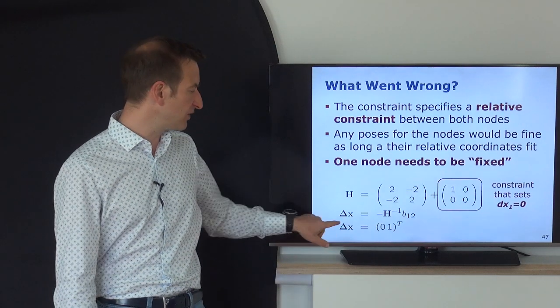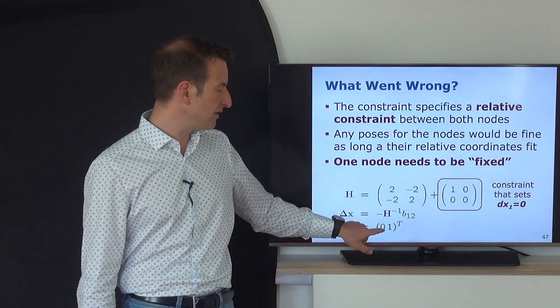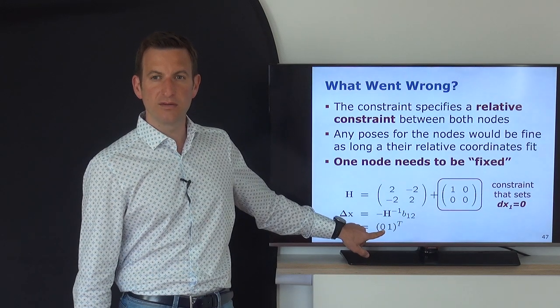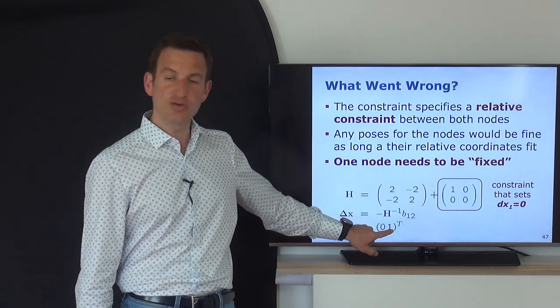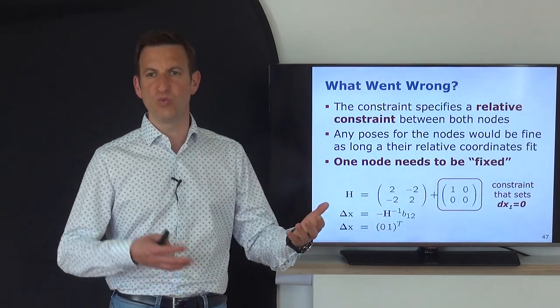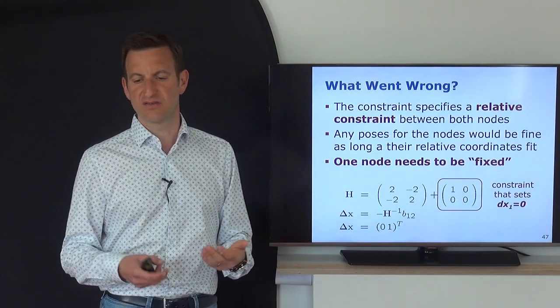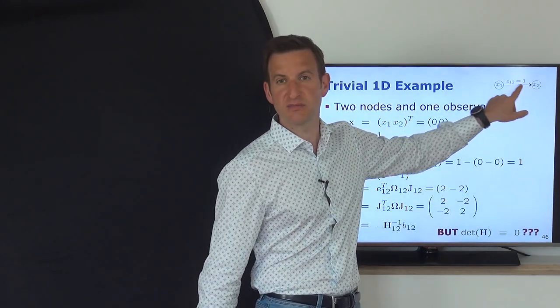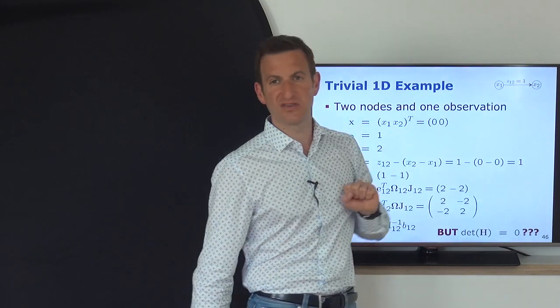We can invert this matrix and get an update which says node 1 should not be updated, and node 2 should be updated by 1. Then we have our configuration 0 and 1, which is the one that actually corresponds to the observation, because the observation said we are 1 step away.